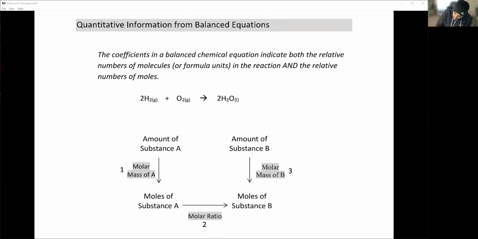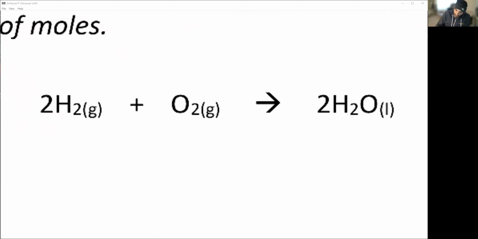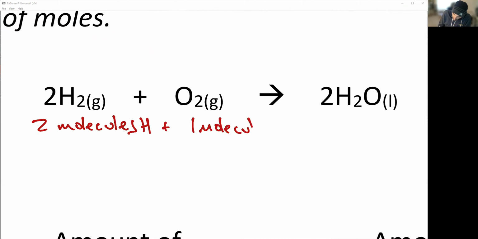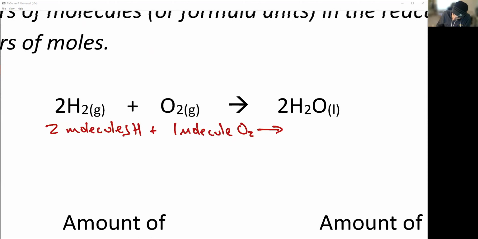So here, as a chemist, I have this reaction: 2 hydrogen gas molecules plus an oxygen molecule give me 2 water molecules. If we take a look at this, there are a number of ways that we can look at this. I can say, all right, well, 2 molecules of H2 plus 1 molecule of O2 yields 2 molecules of water.